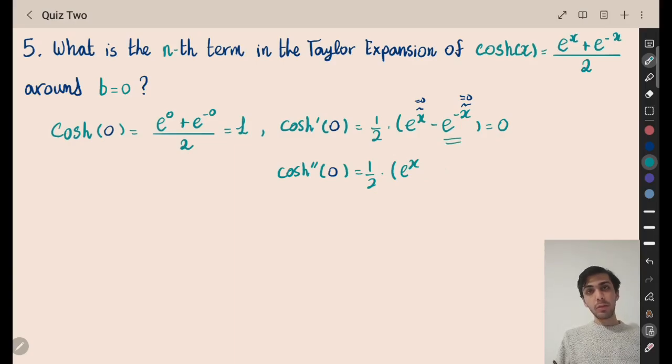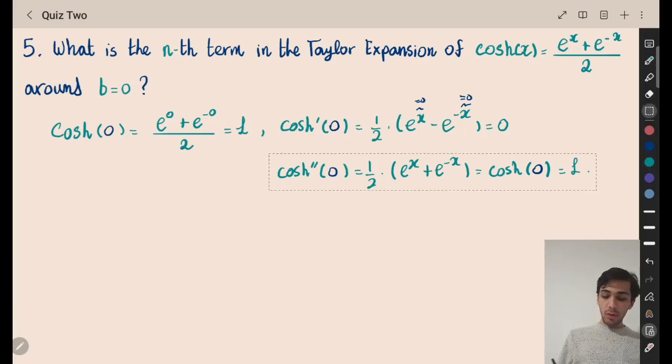And if you take the derivative of e to the minus x twice, you get e to the minus x again, which gives me cosine of 0. So this is equal to cosine of 0, and cosine of 0 is equal to 1.